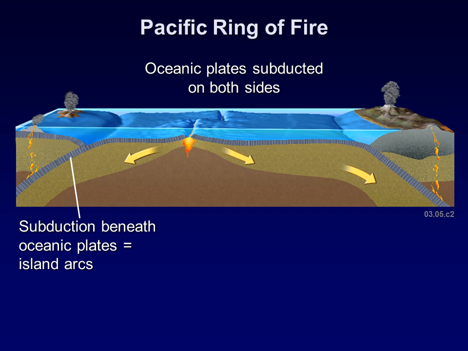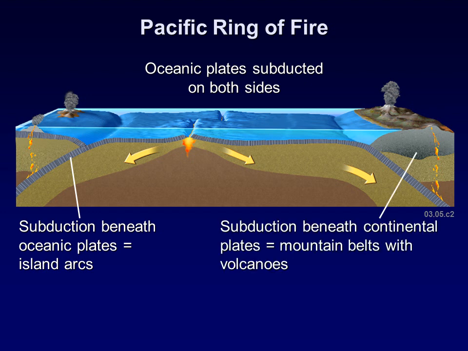We get subduction beneath oceanic plates, and that gives us island arcs. So on the left side of our screen, we're looking at ocean-ocean convergent boundaries that are generating volcanoes which form islands, okay, island arcs.